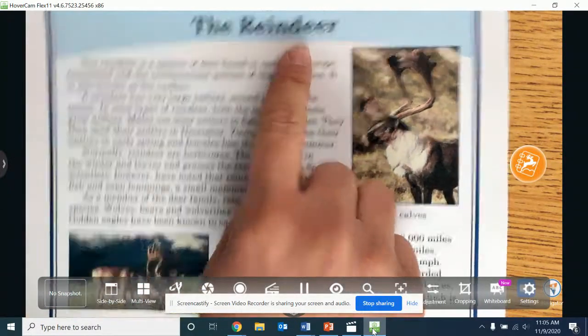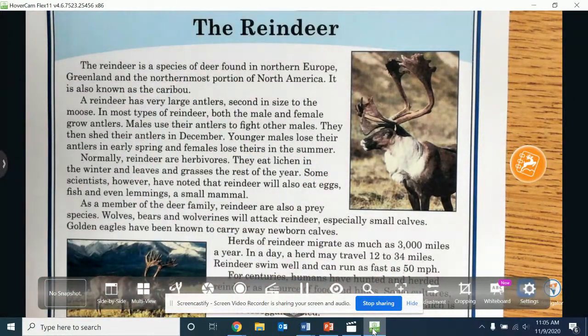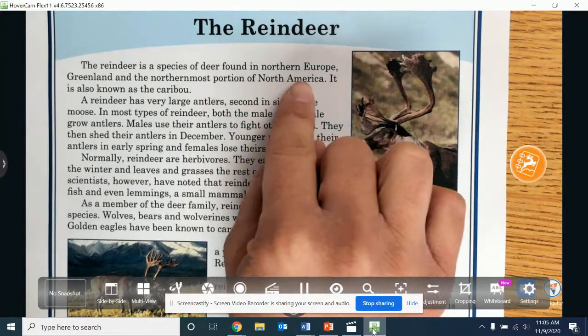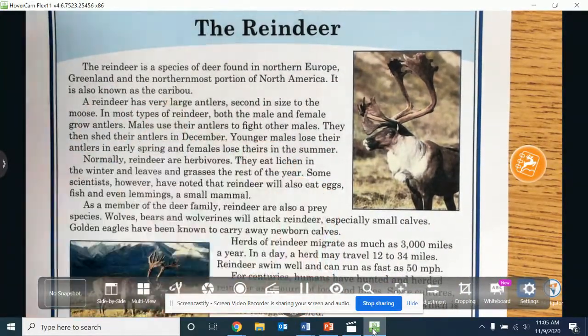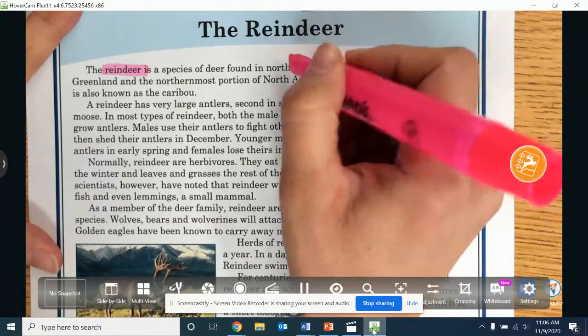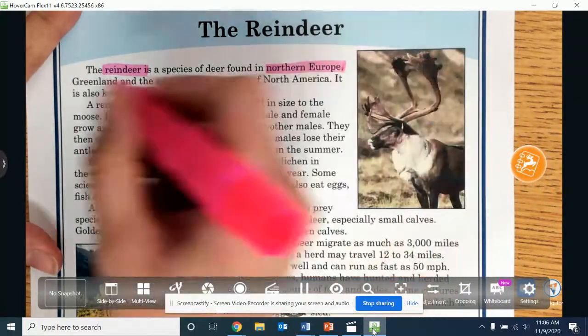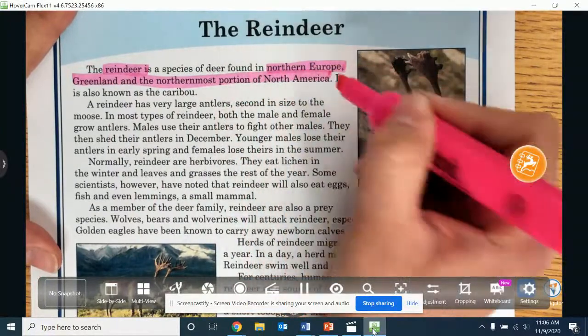The reindeer. The reindeer is a species found in northern Europe, Greenland, and the northernmost portion of North America. It is also known as the caribou. So I'm going to highlight where they are found. The reindeer are usually found in northern Europe, Greenland, and the northern portion of North America.